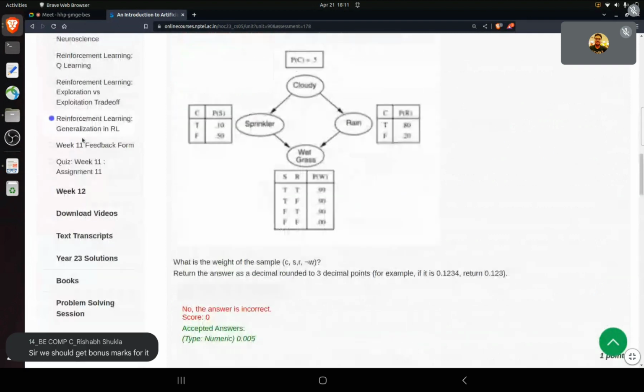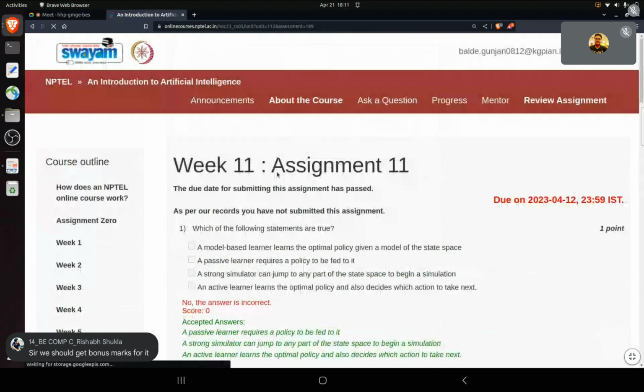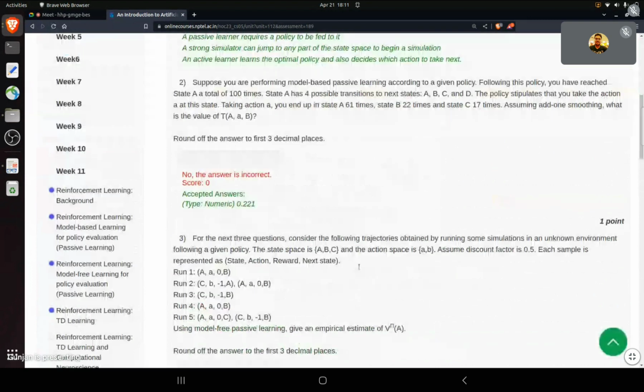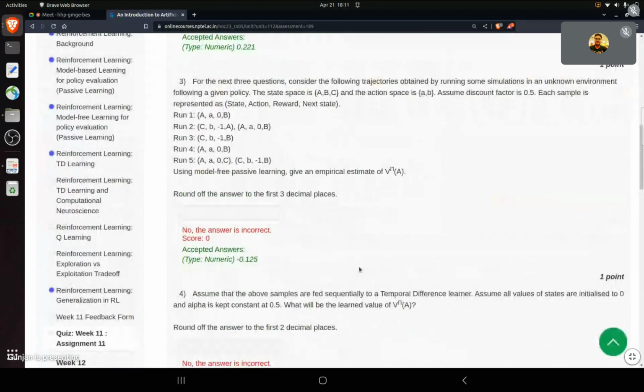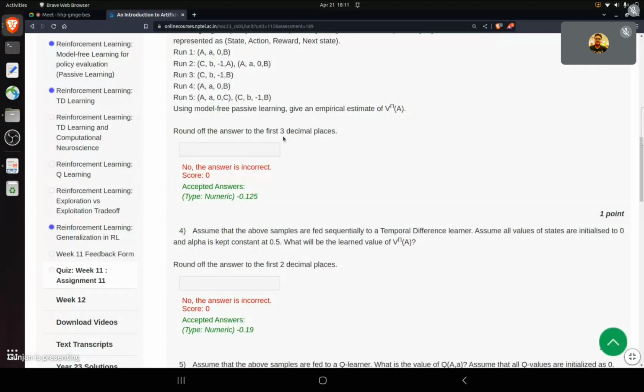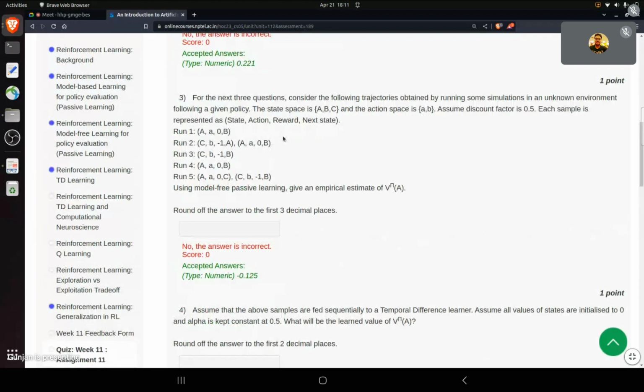And I was also thinking about this question that we solved last time, where I solved by just calculating reward, and you did it by calculating the probabilities. It actually validated the statement that the professor was trying to make, that the answer you will get by doing model-free learning or model-based learning will ultimately be the same, right?